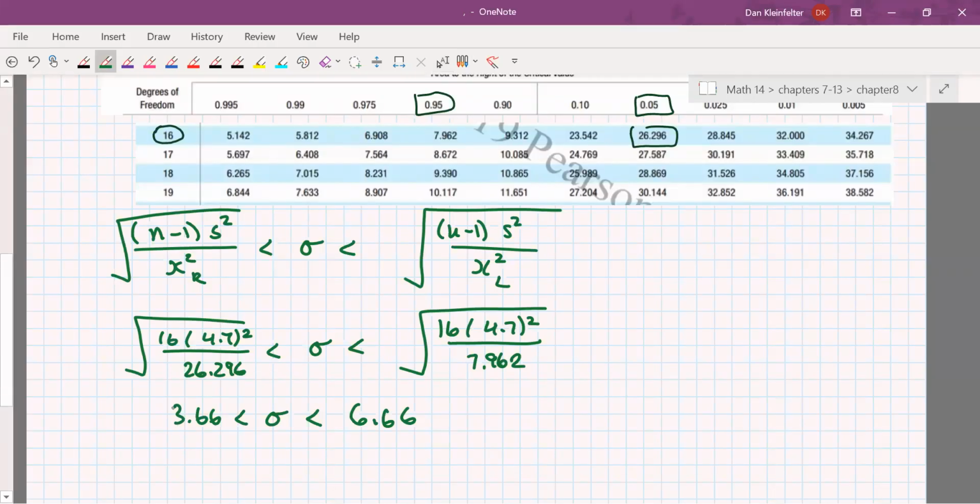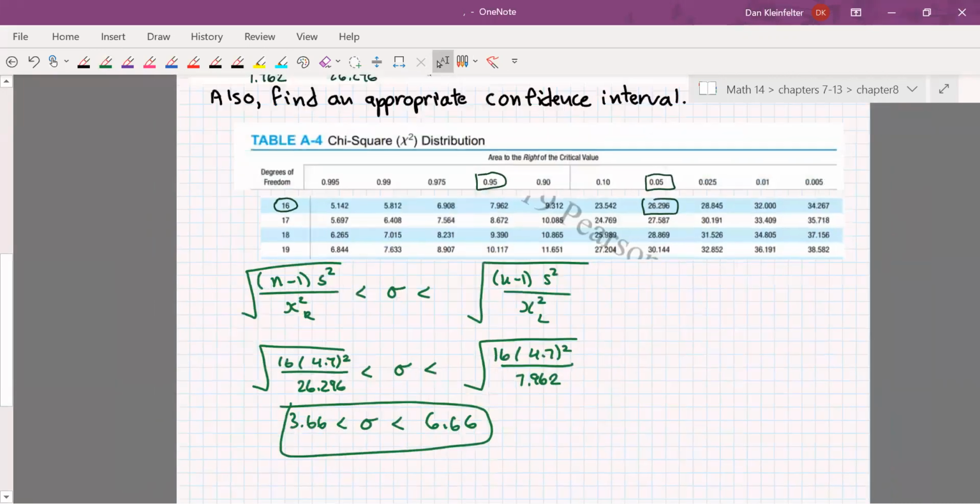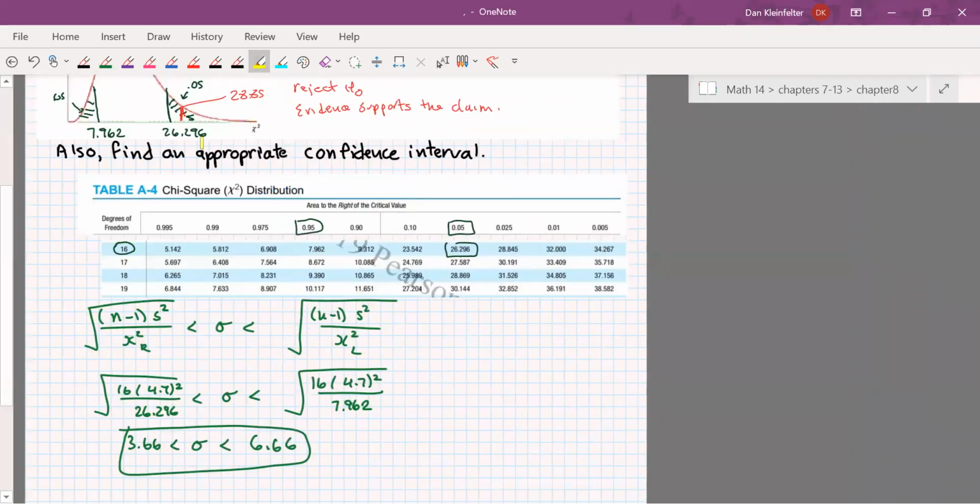All right, so I've gone through the setup and the calculations. As I'd said, our chi-squared right and left values we'd already figured out in the course of doing our hypothesis test: 7.962 for the left value and 26.296 for the right value. Going through the calculations, we ended up with an interval 3.66 up to 6.66.